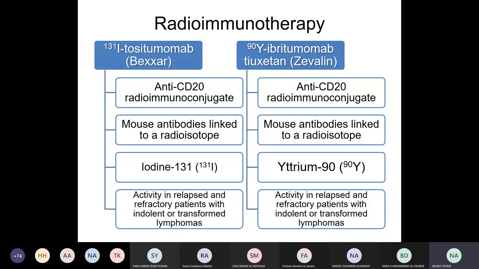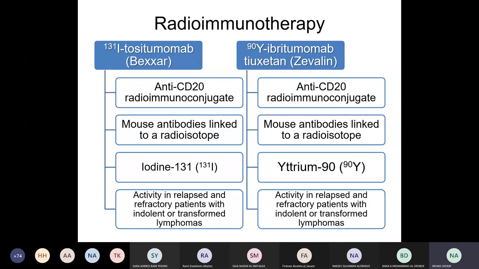It is as if we are doing localized, very localized radiotherapy that affects a very small range around a tumor mass. Radioimmunotherapy is one consideration, but it potentially has toxicity, so we do not consider it first line, and it does not come very early in the management of advanced follicular lymphoma.